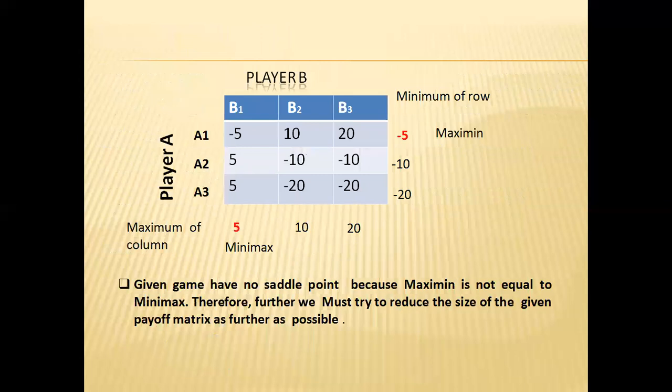When the game takes place between player A and player B, upon operating the maximin condition and minimax condition between player A and player B, it is -5, the minimum value, which does not have any saddle point, and in the maximum conditions the player B side leads towards the positive value.